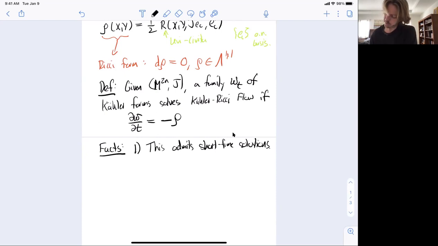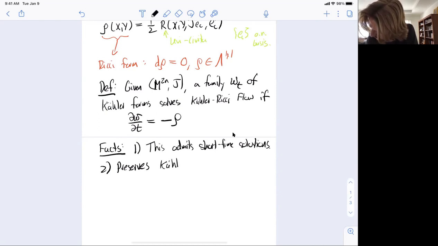And in a sense, there's something non-trivial here to show that this is preserving the Kähler condition. These two facts are kind of related. Second, this preserves the Kähler condition.